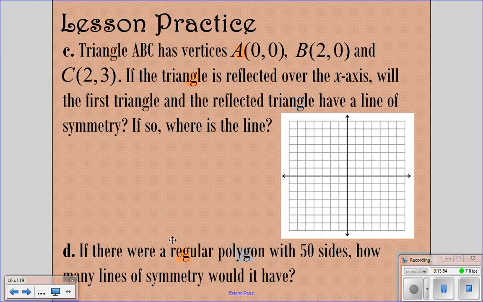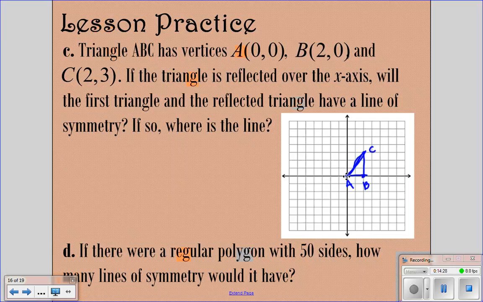Looking at this next one, we have a triangle ABC with vertices at (0, 0), (2, 0), and (2, 3). So you want to start off by graphing those vertices. So there's our triangle, and it's reflected over the x-axis.